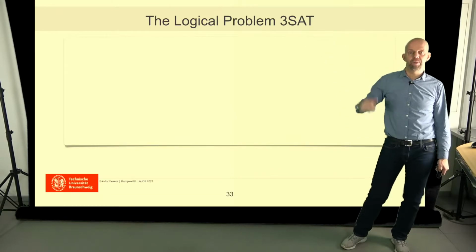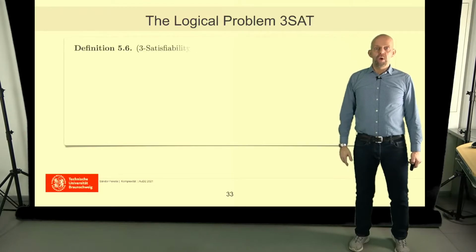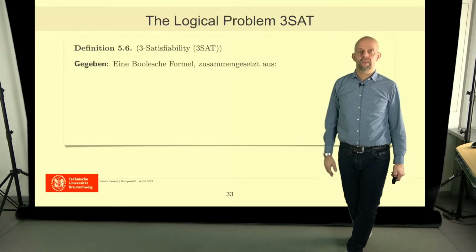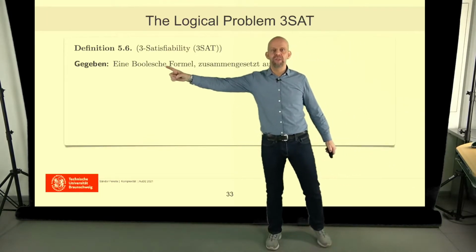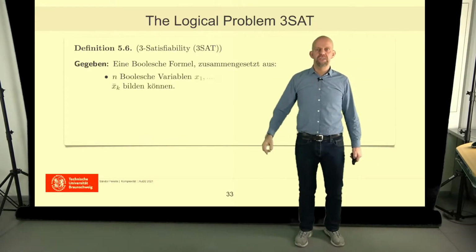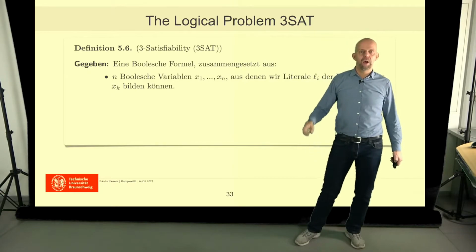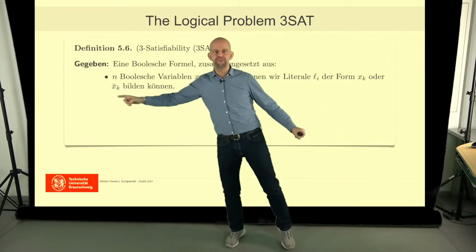And that is the problem that we have here, this 3-satisfiability, which looks like this. Oh, I didn't translate that. Okay, so we have a Boolean formula which consists of some Boolean variables, 1 to n, which may be non-negated or negated.